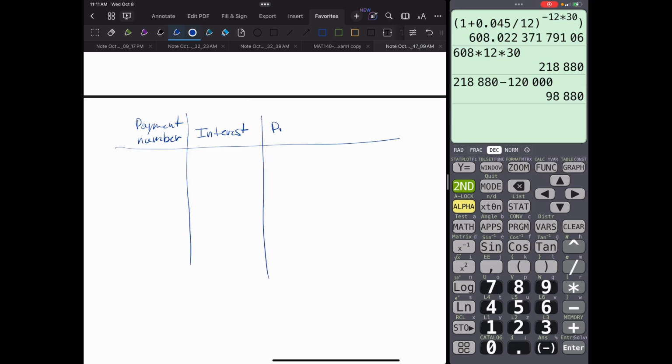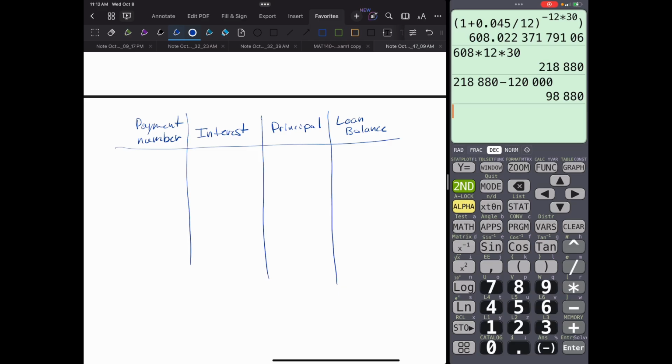The principal part of the payment is in that third column. And then the loan balance at the end of that payment. So after this payment has been made, what is the loan balance?